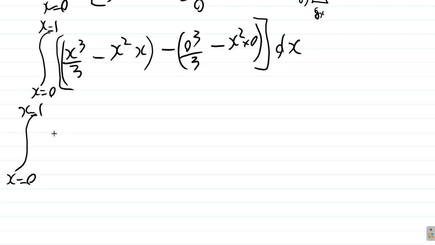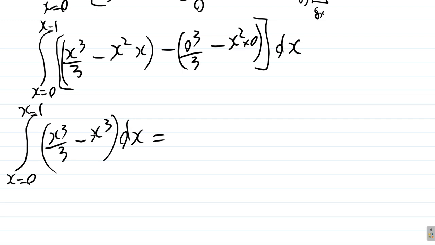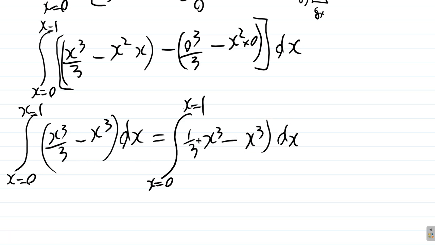It says x cubed over 3 minus x cubed dx. We could simplify this: it is 1/3 x cubed minus 1 x cubed, so you have 1/3 minus 1. 1/3 minus 1 is the same as 1 over 3 minus 3 over 3, using a common denominator.